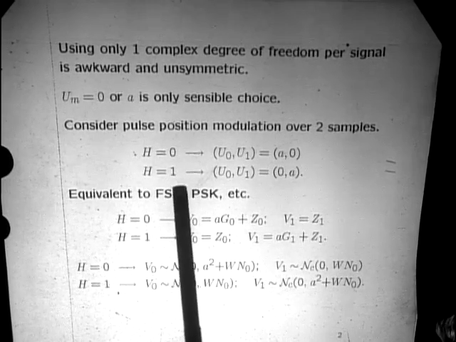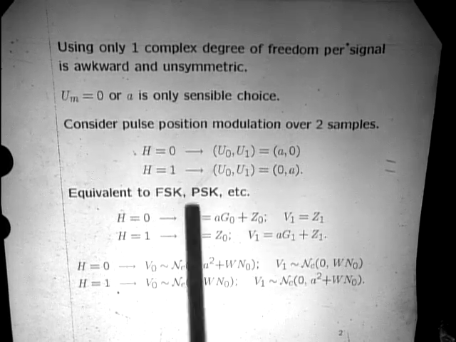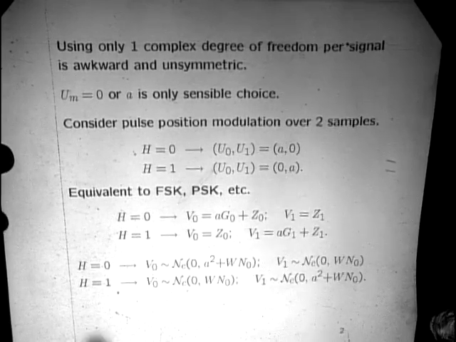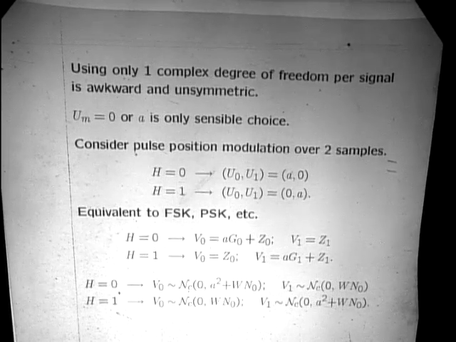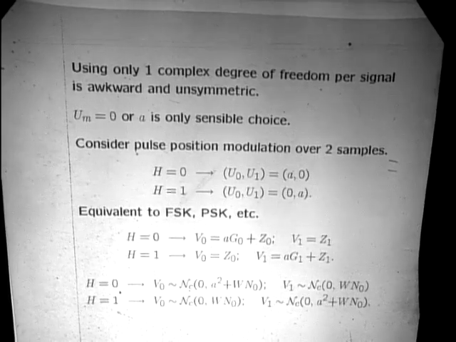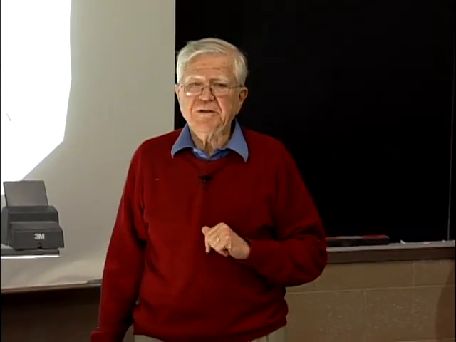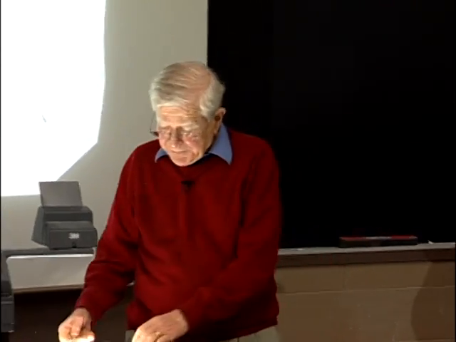You can talk about more than binary transmission, but binary is awful enough. You get u0 equal to 0 and u1 equal to A. So that what you're going to be doing here in this pulse position modulation is choosing one of these two different epochs to put the data in. So in one case, you put all your energy in the first one. In the other case, you put all your energy in the second one.